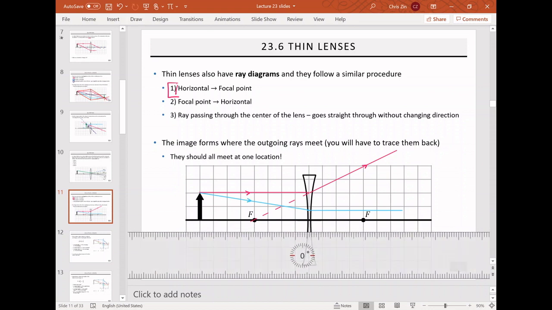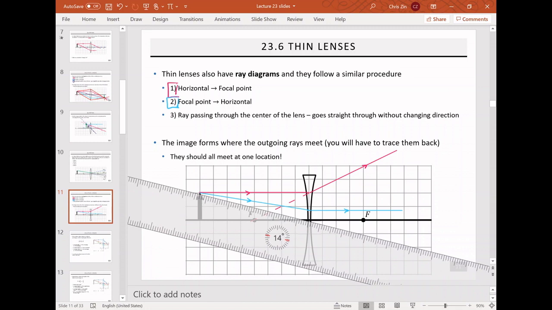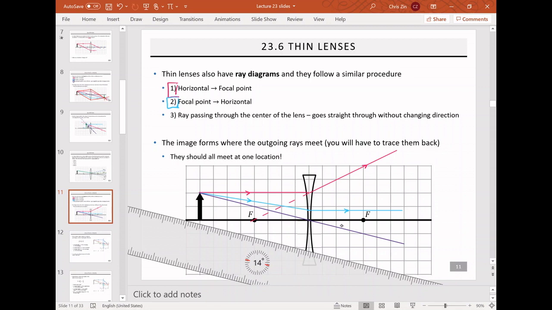This is the second easy to draw ray. And the third easy to draw ray is the same as in the converging lens case. It starts at the candle, it passes straight through the center of the lens, and it doesn't bend at all. So this is the third easy to draw ray.